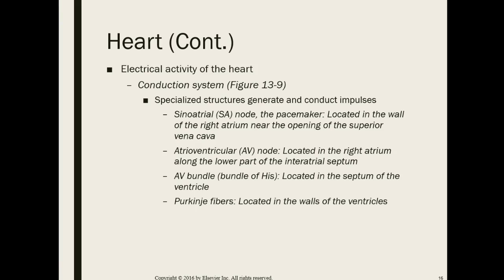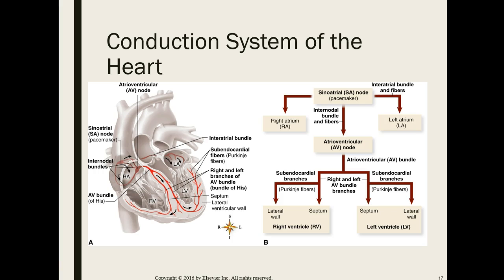So we do have specialized structures that are going to generate and conduct these impulses. The first is the sinoatrial node, or the SA node, also referred to as the pacemaker. And this is located in the wall of the right atrium near the opening of the superior vena cava. So this would be the SA node right here.